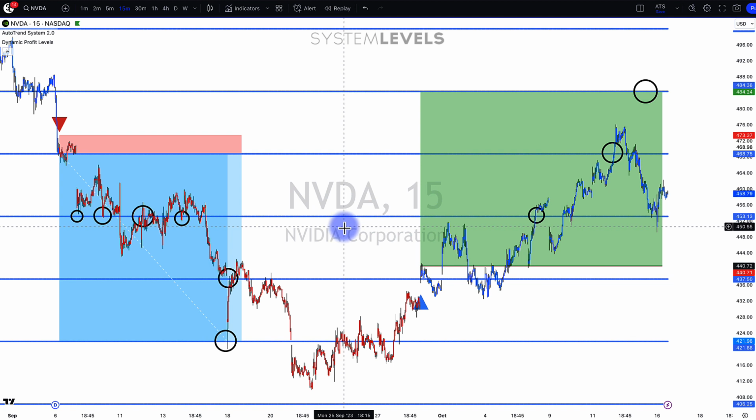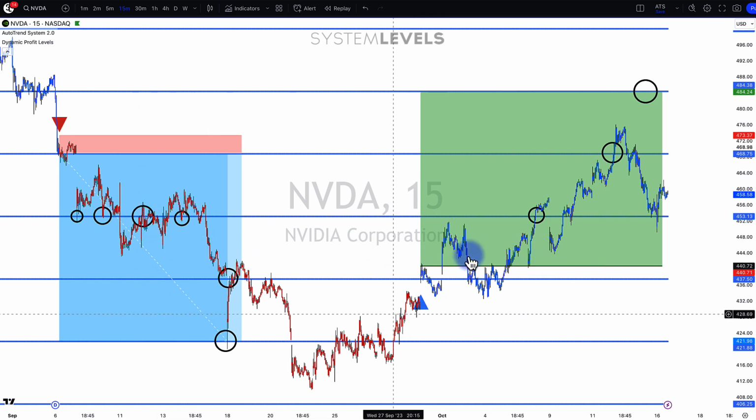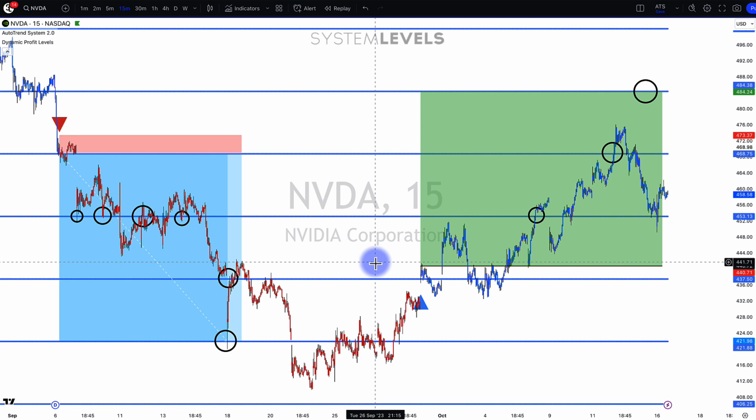What's going to make you successful in the end is to have your own set of rules and be able to follow them, and most importantly, be very strict with your risk management. Right? That's really it. Simply follow the market, and as long as you have a system that helps you do that systematically, then in my opinion you're good to go.